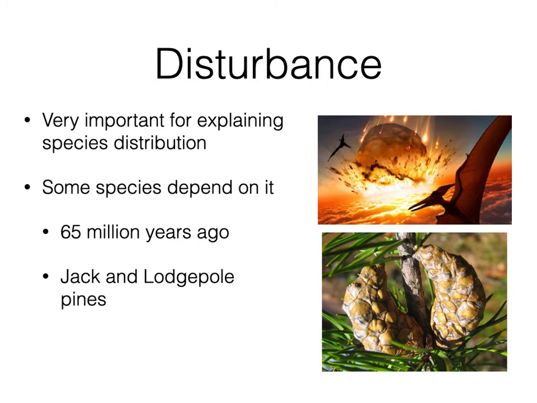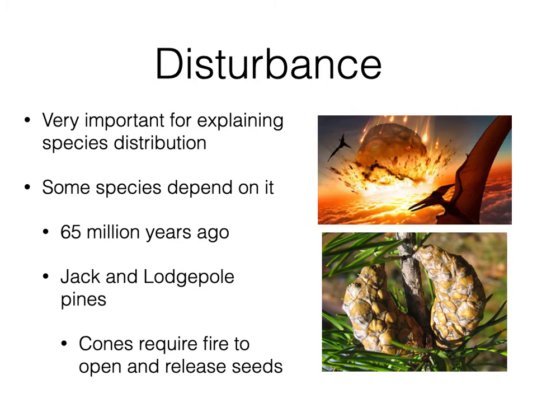And so that indicates that these species evolved in a landscape that experienced regular fires, and it would be advantageous for a pine cone to stay closed until there is a fire that moves through, because fire makes a lot of soil nutrients available. And so it would be advantageous, after a fire moves through a landscape, for a pine cone to open and release its seeds, and then new pine trees can sprout. And so it's a really neat example of co-evolution, in that these cones require fire to open and release their seeds.